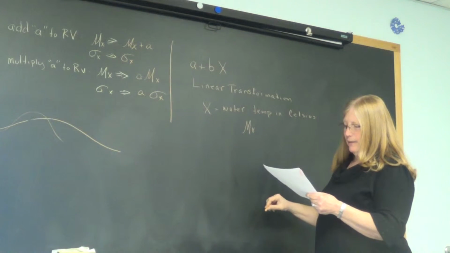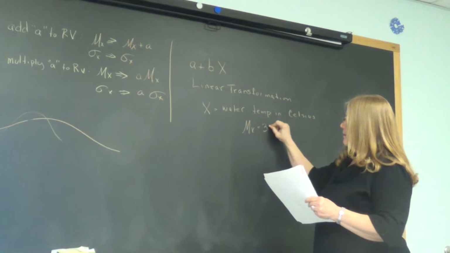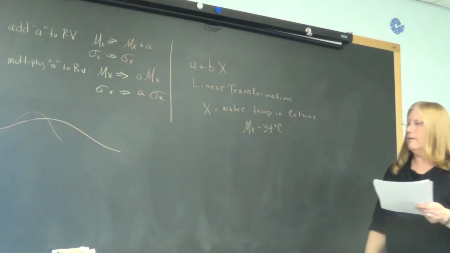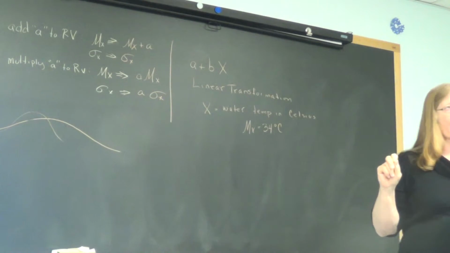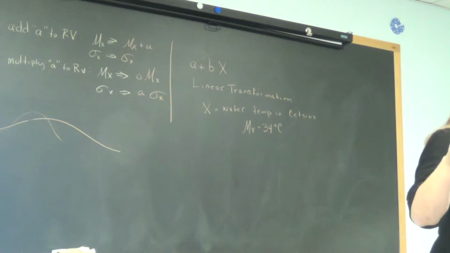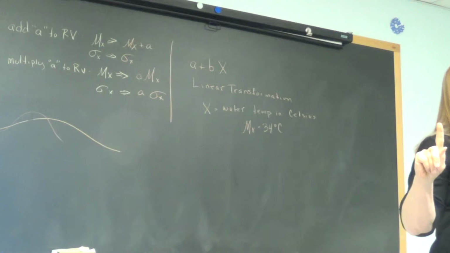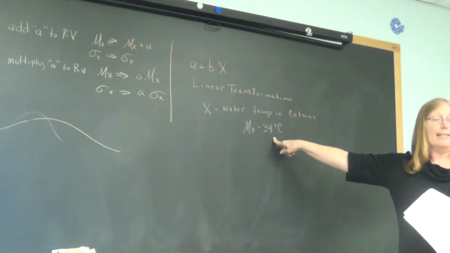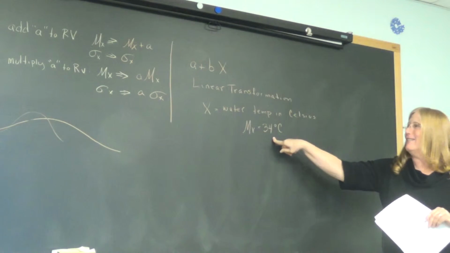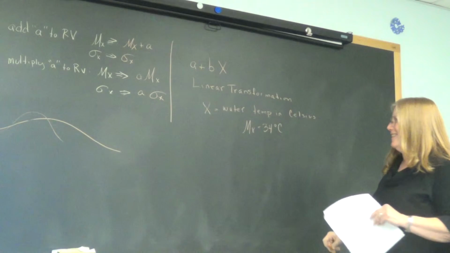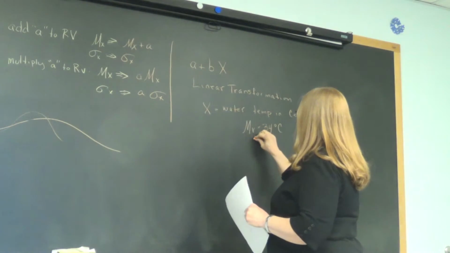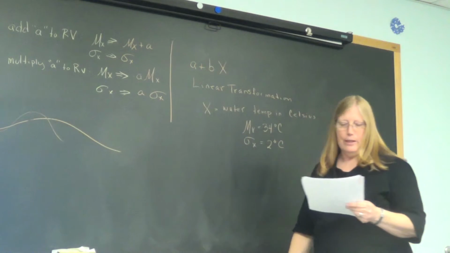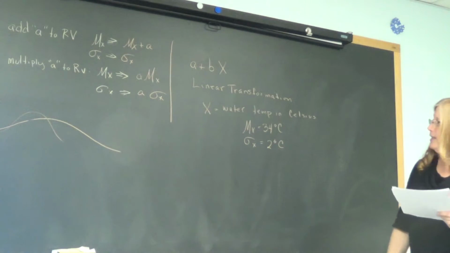If you set it on a certain setting, it's safe for babies or child safe, and the mean of that setting is 34 degrees Celsius. Looks cold, but in Celsius, that's nice. 34 degrees. And the standard deviation is 2 degrees. All right, so again, these are both in the Celsius.